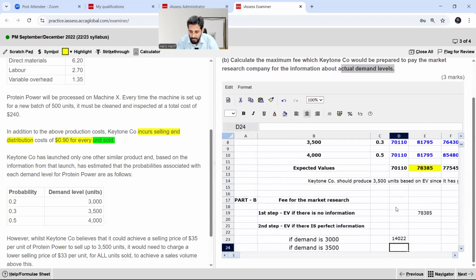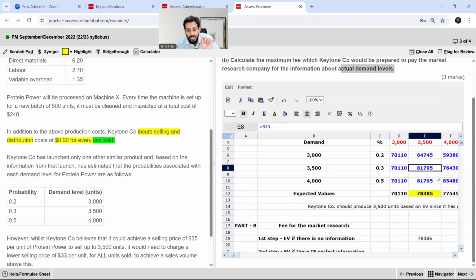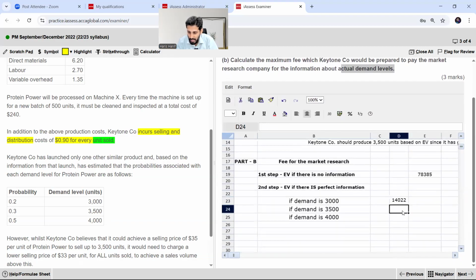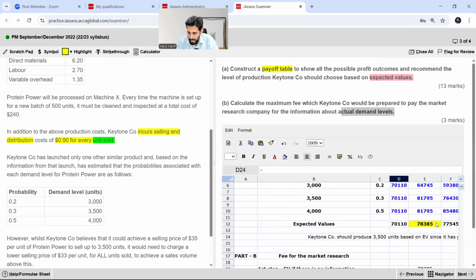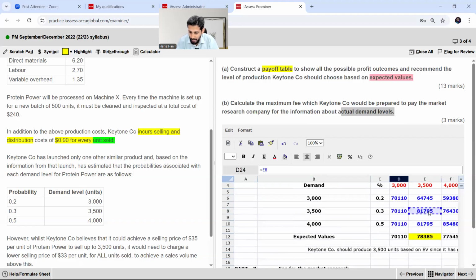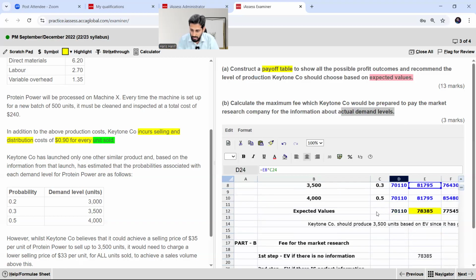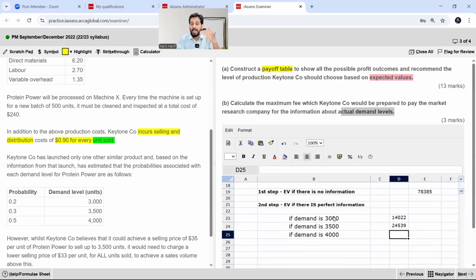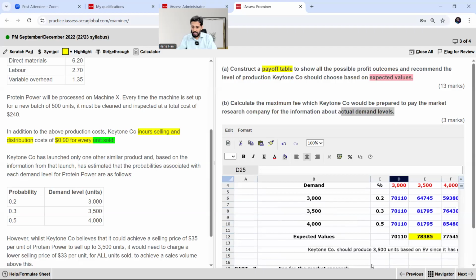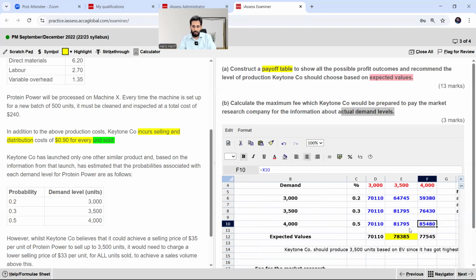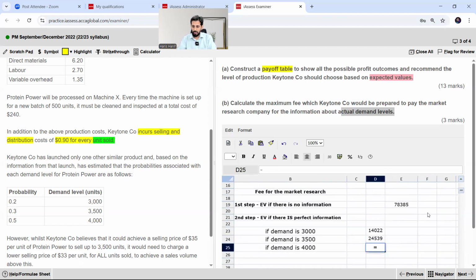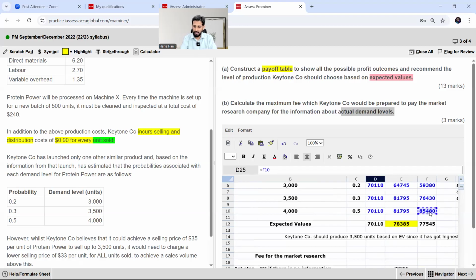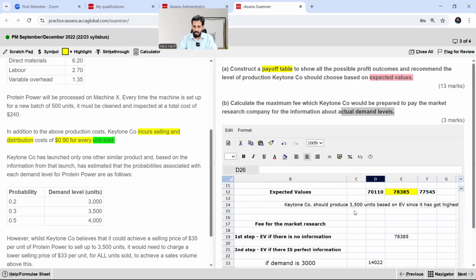Next, if demand is 3500 units, the better option is 81795, so it is equal to 81795 multiplied by 0.3, press enter, answer. And if demand is 4000 units, definitely I should go with this value, 85,000. If demand is 4000, press equal to this multiplied by 0.5. Got this answer.